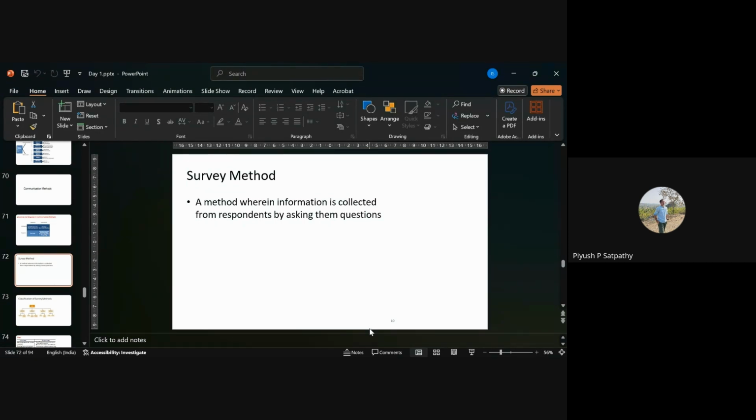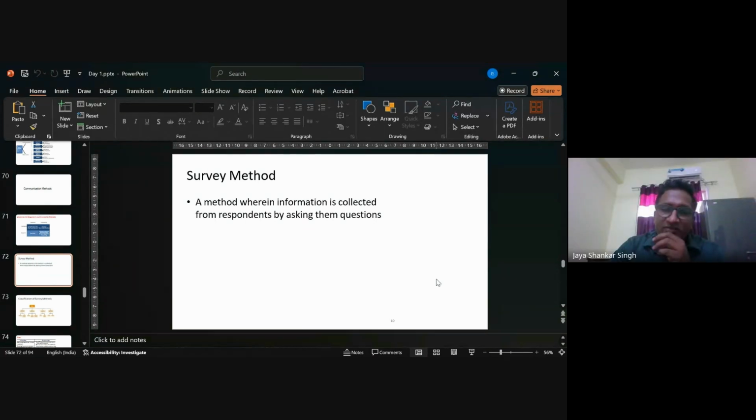For example, if we would like to launch a smartphone, then we put out a survey: how many megapixels of camera do we require, how much display size do you require, what sensor will be required? Something like that. Correct. So generally, survey is a very good method of data collection when you're trying to capture information from a large number of people, when the respondents are huge.